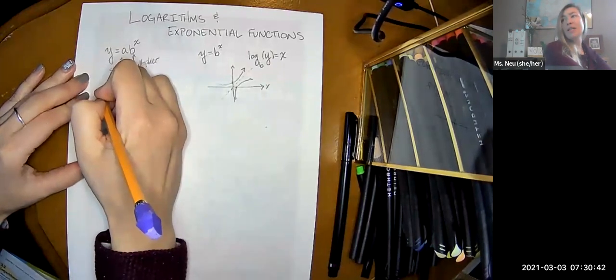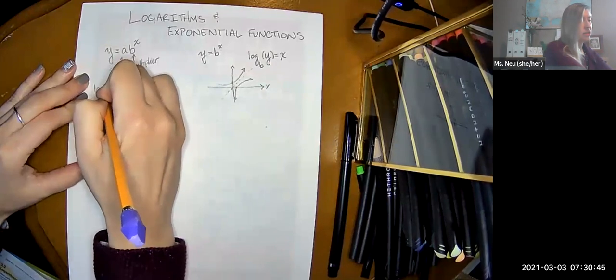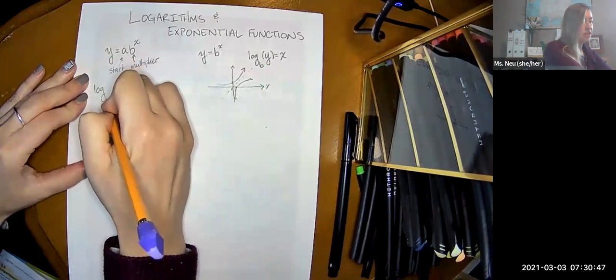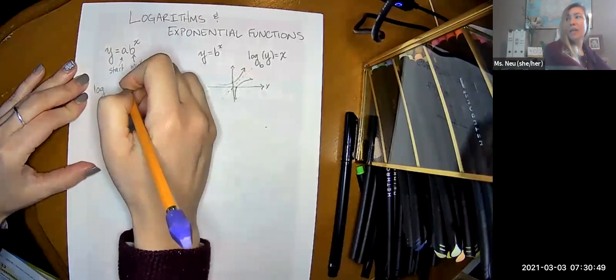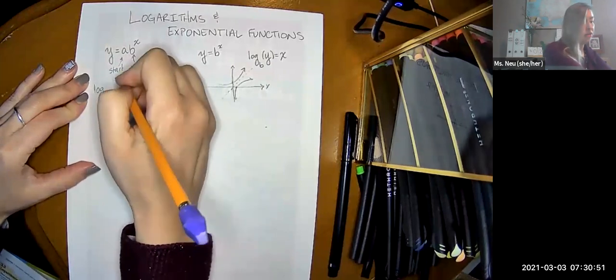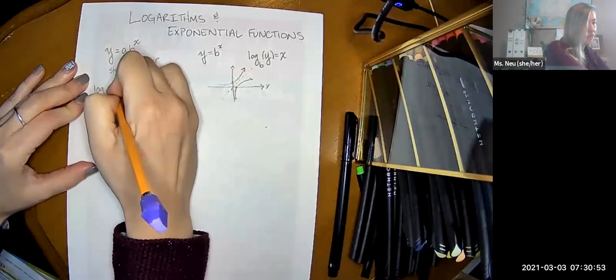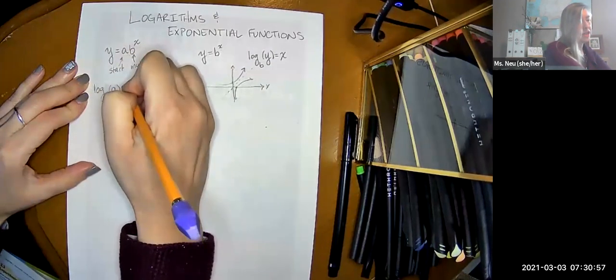I'm going to give you the math way to say it. So we're going to say log with some base. And they usually use a here, which is kind of confusing, but I'm just going to go with what the textbook says.